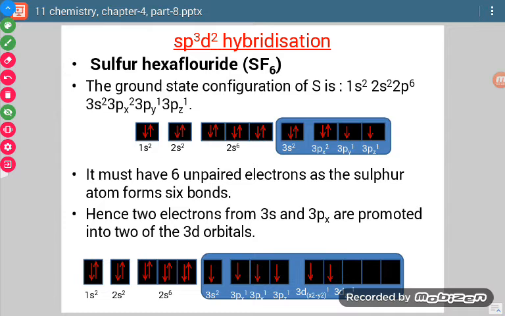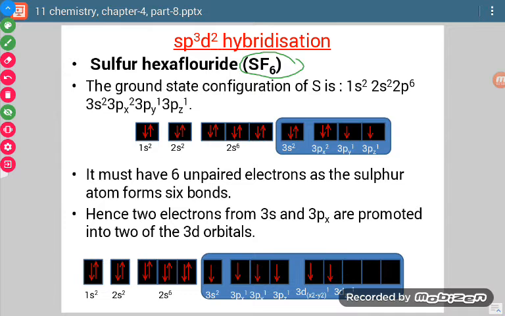We will discuss it with the help of an example, and here we have taken the example of the SF6 molecule. Now see, if we are asked what is sp3d2 hybridization, then how will we define it? We will say that in this type of hybridization, 1 s, 3 p and 2 d orbitals combine to form 6 sp3d2 hybridized orbitals.